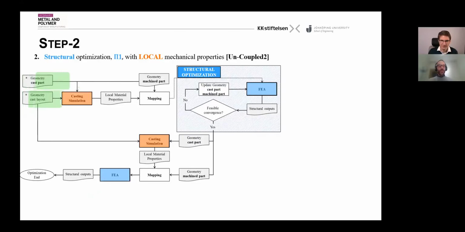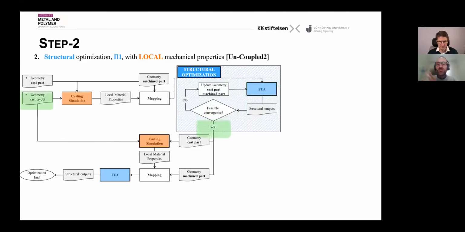Okay. So the first step was to introduce the casting simulation, meaning that in that case we started with the casting simulation, just one shot, and then we mapped the strength of the material on the machined part, and then this mapping was introduced in the structural optimization.